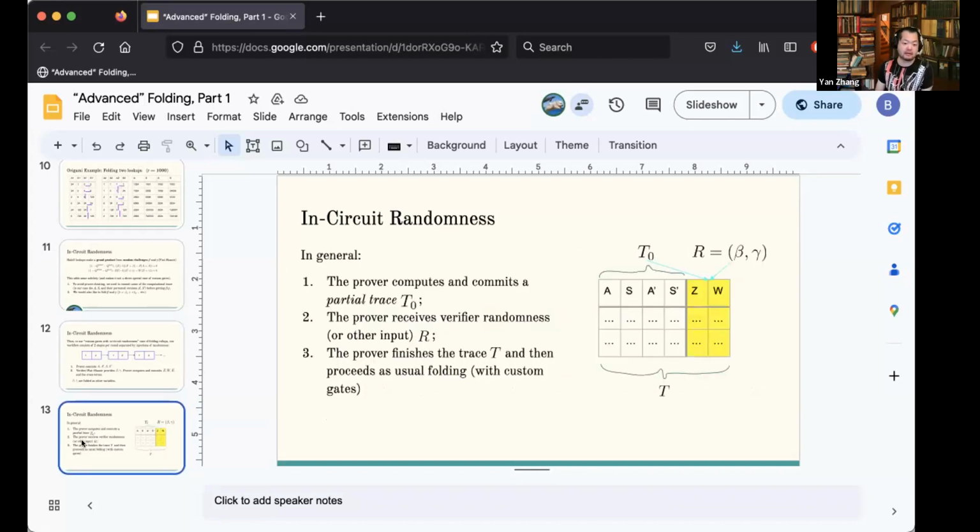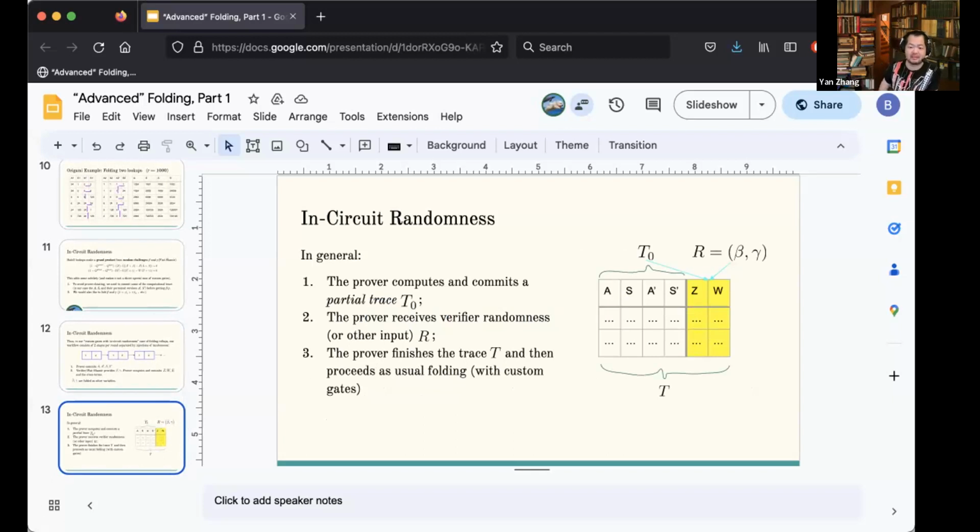So as our final slide, in general we should think about the lookups as a special case of this folding with in-circuit randomness. The prover first computes and commits this thing called a partial trace, which is all the work the prover can do. In our case, that is A, S, A prime, S prime. Then the prover receives the verifier randomness or other input.